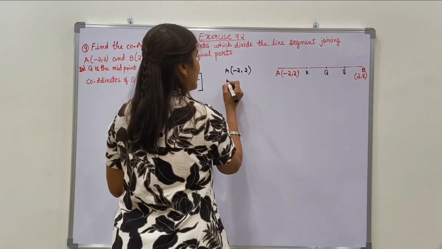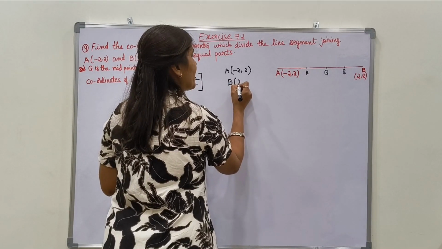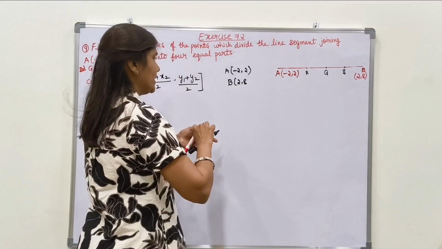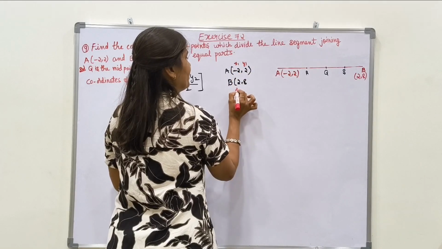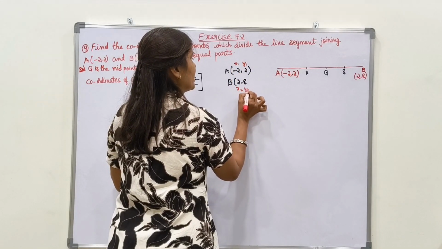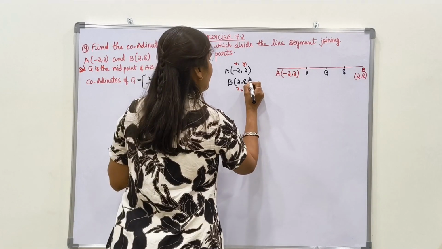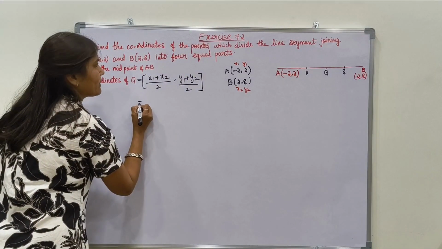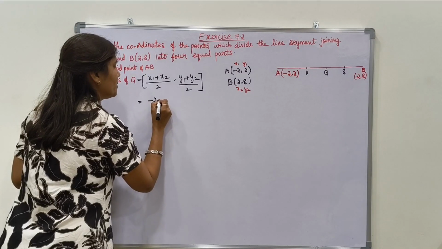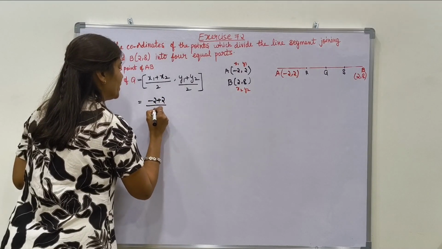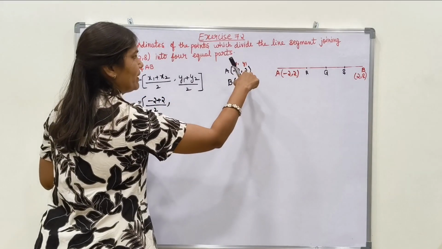Next, B coordinates are 2, 8. So this is x1, y1, and this is x2, y2. Now you apply here: x1 plus x2, x1 means minus 2, plus 2, minus 2 plus 2 divided by 2, comma, y1, y2.